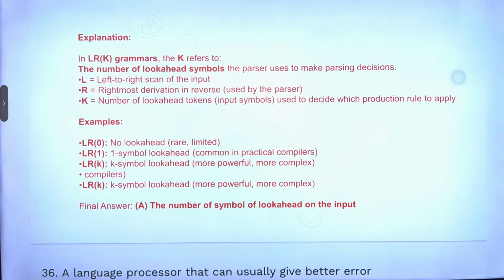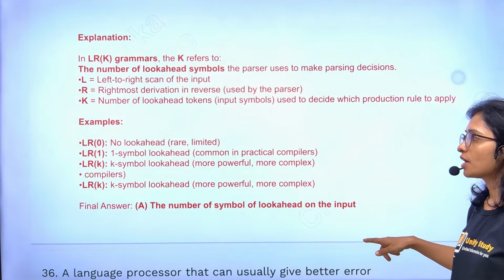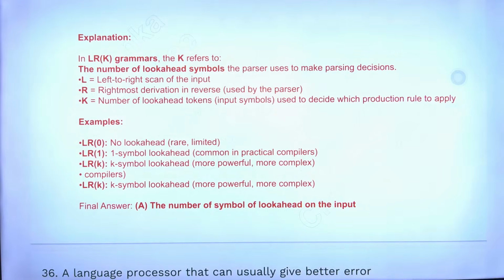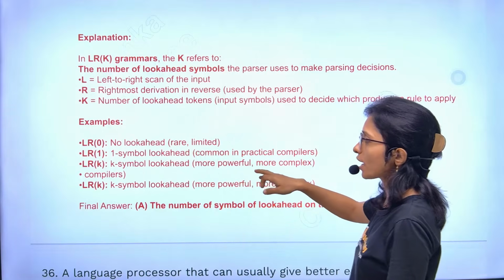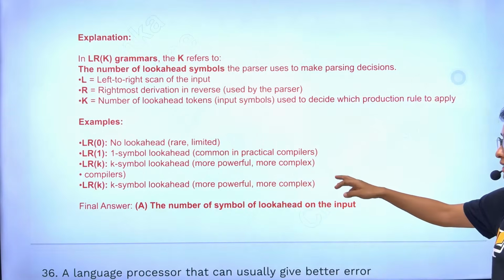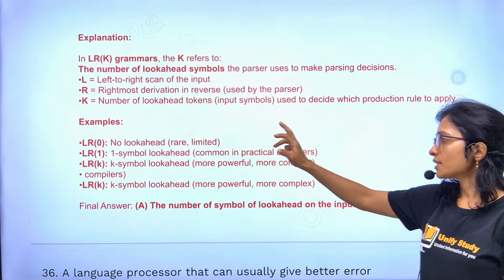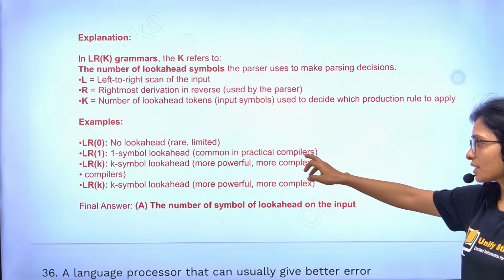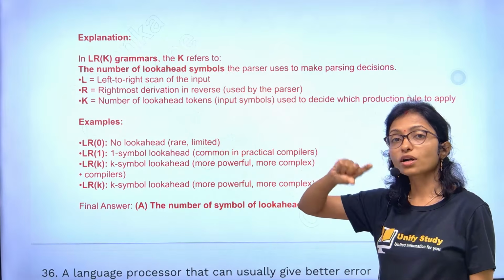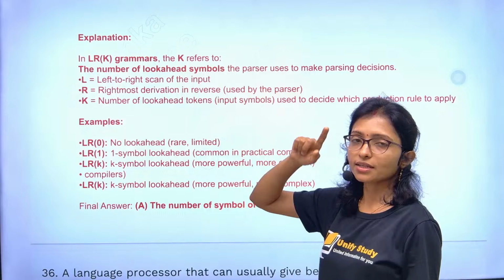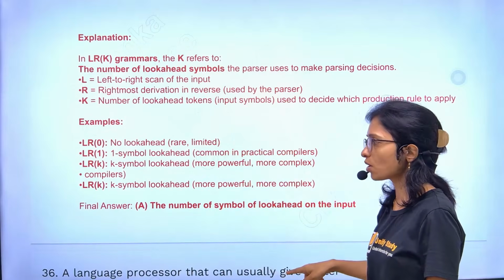In LRK grammar, L means left to right, R means rightmost derivation, and K means the number of look ahead tokens. These are the examples. LR0 means no look ahead. LR1 means one symbol look ahead. LRK means K symbols look ahead. This is limited, this is common practice, and this is more powerful. Sometimes they ask the ordering also: which one is more powerful, which one is less powerful.